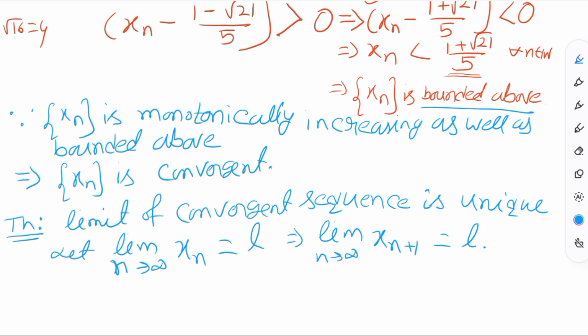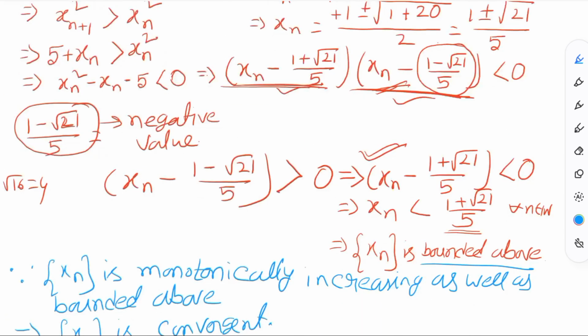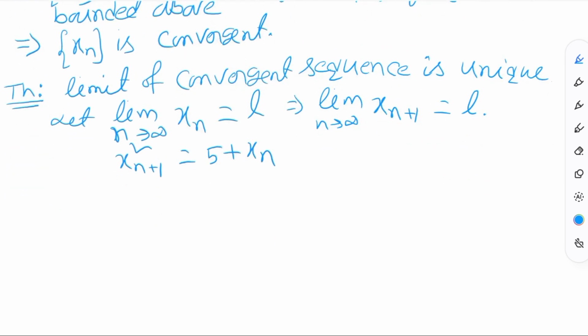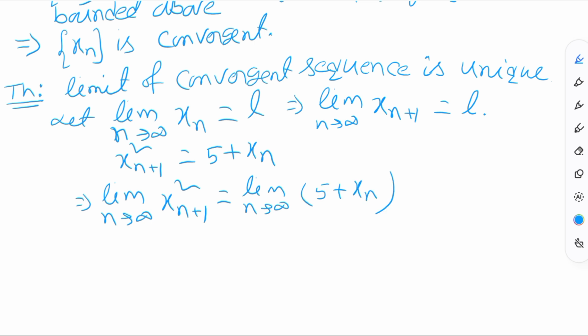So therefore, from the above equation we already know that xn plus 1 square equal to 5 plus xn. Now from this line you can write limit n tends to infinity xn plus 1 square equal to limit n tends to infinity 5 plus xn.